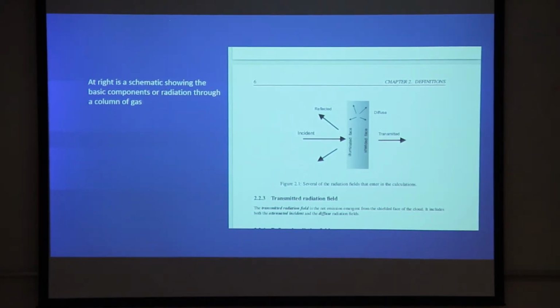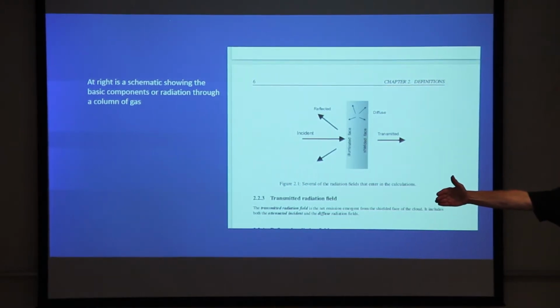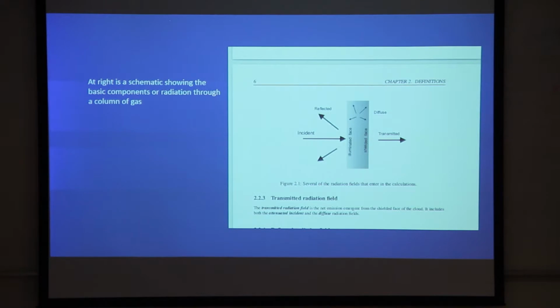You can think of a face that's illuminated, closest to the source, and then the radiation transfers through that. The radiation is absorbed and absorbed and absorbed until you essentially run out of radiation. And that sets the physical properties of it.